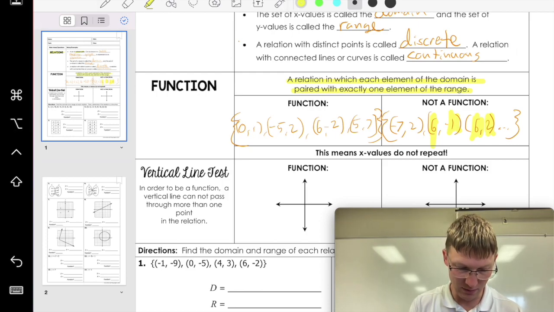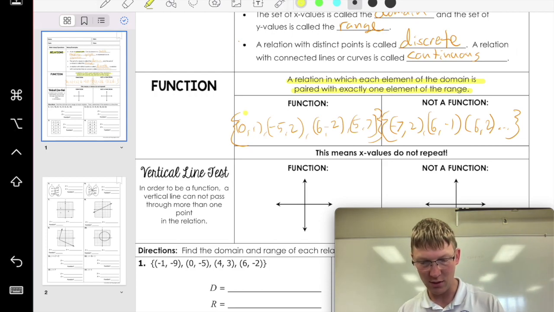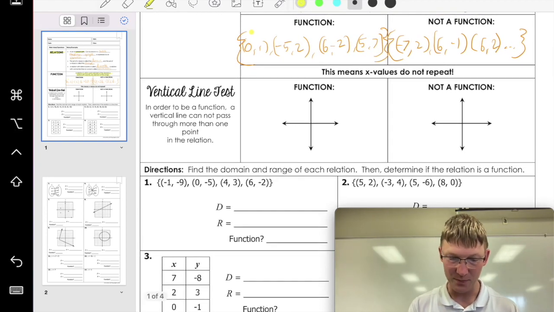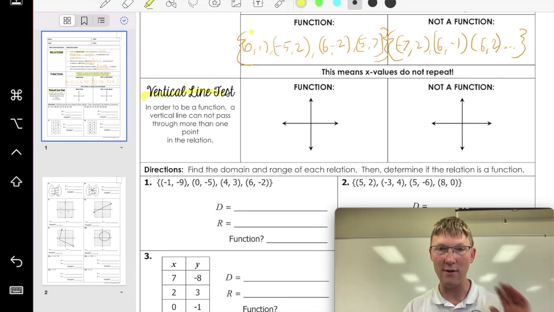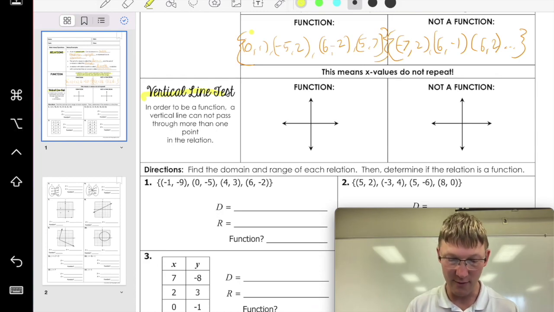One of the ways we like to test whether something is a function is called the vertical line test. If you can draw a vertical line and only hit one point on all the x points, then you have a function.